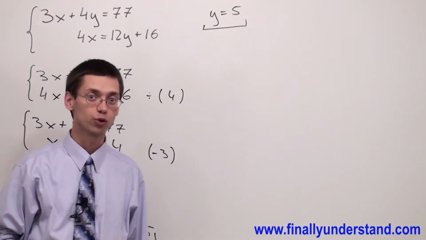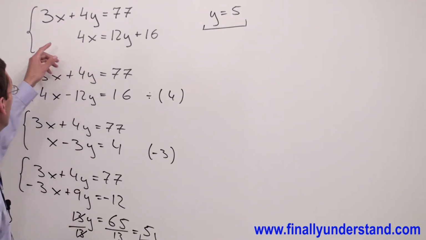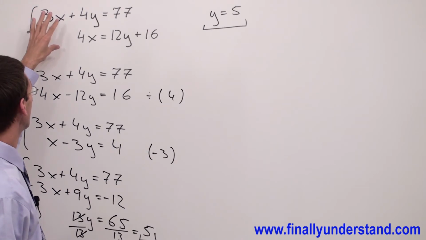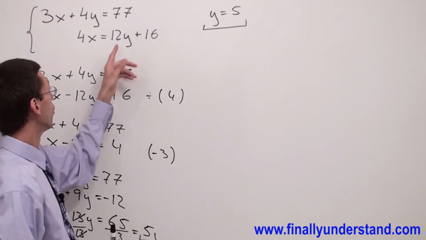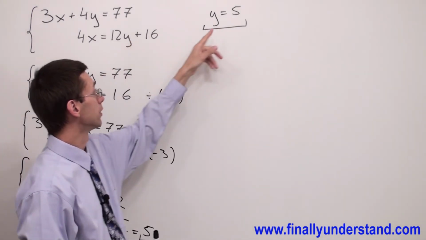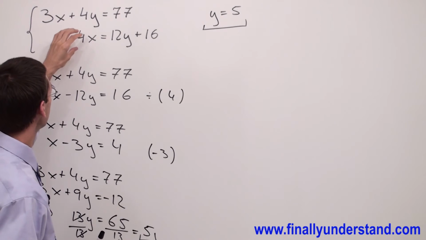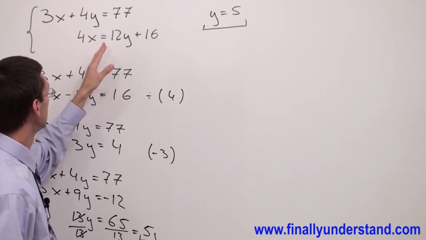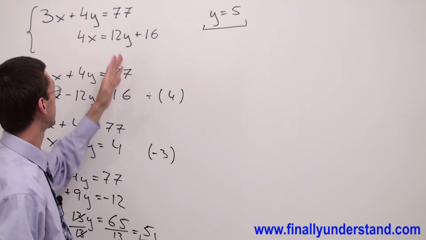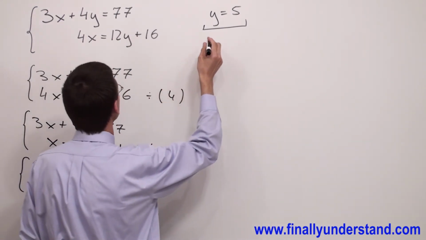Next, we're supposed to find the value of x. In order to find the value of x, you're supposed to choose one of the original equations, and instead of y, you're supposed to write 5. Now, because I already have x on the left side of this equation and y on the right side, I'm going to use this equation.